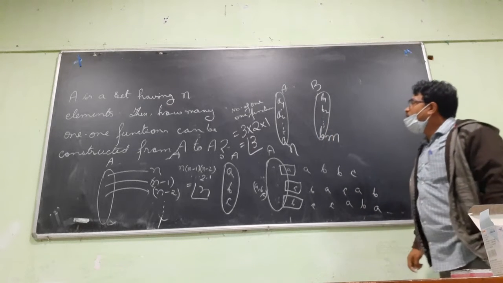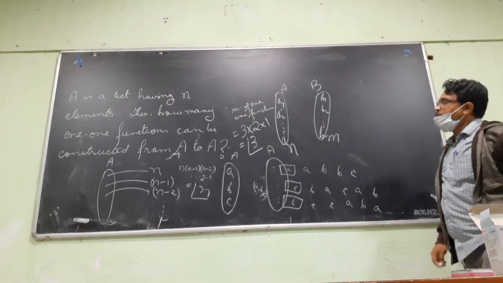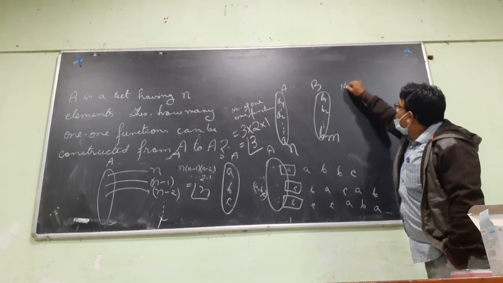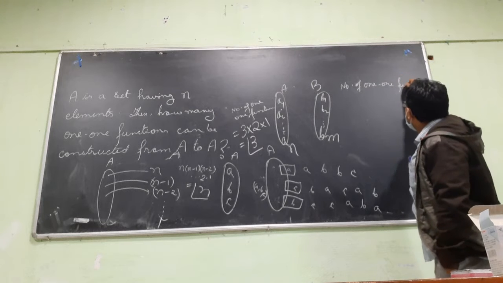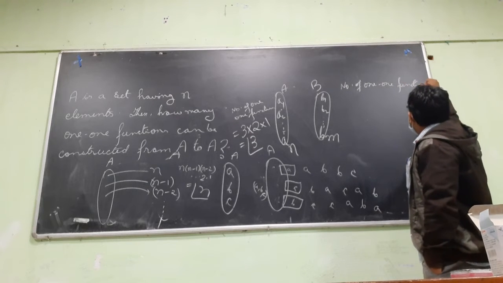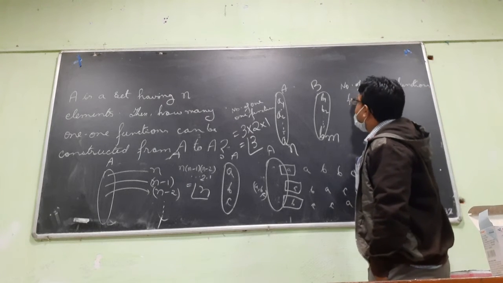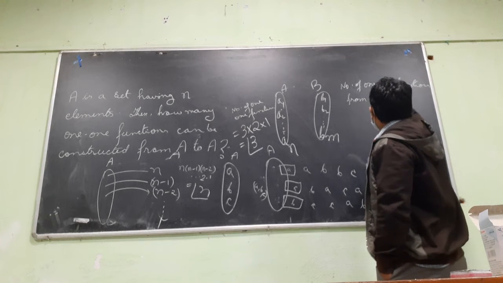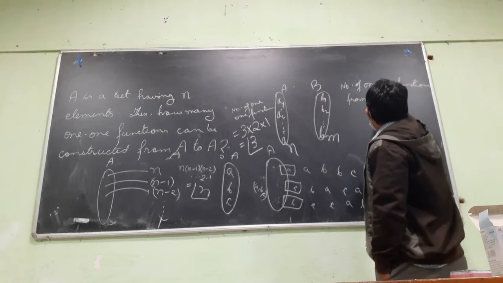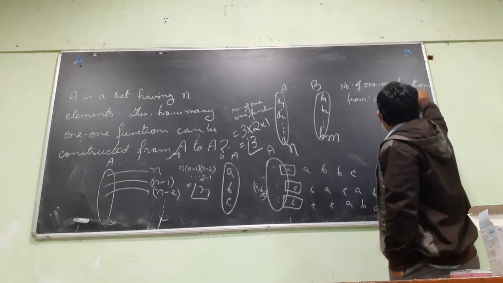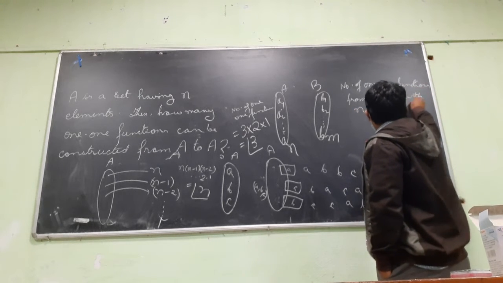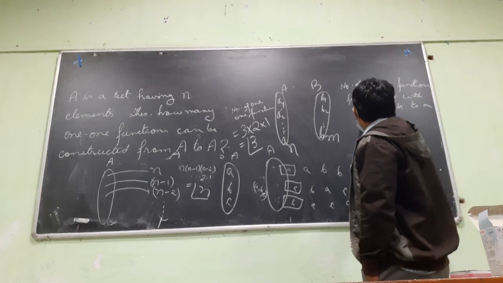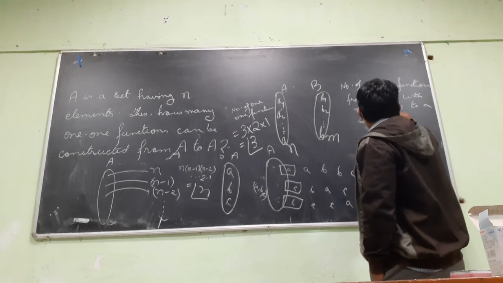Then what is the number of 1-1 functions from a set with n elements to a set with m elements?